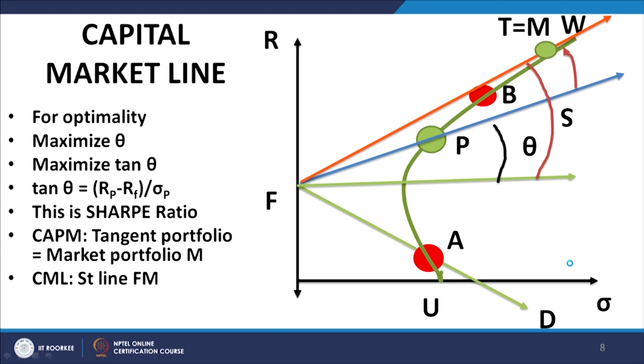In that situation, FT extended constitutes the efficient frontier, and now because T is equivalent to the portfolio M, which is the market portfolio, the efficient frontier becomes FM, and all investors in the market would hold combinations of the market portfolio together with risk free lending and borrowing as represented by any point on the straight line FM. This straight line FM is called the capital market line.